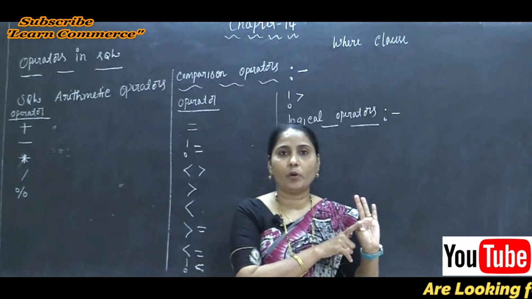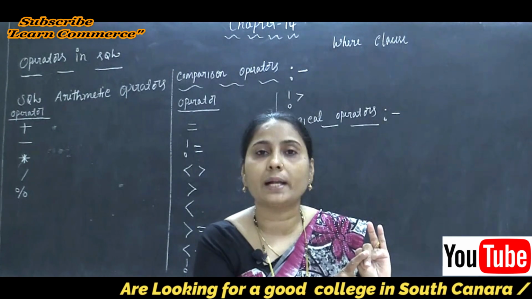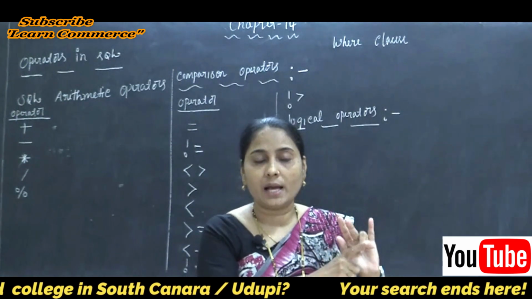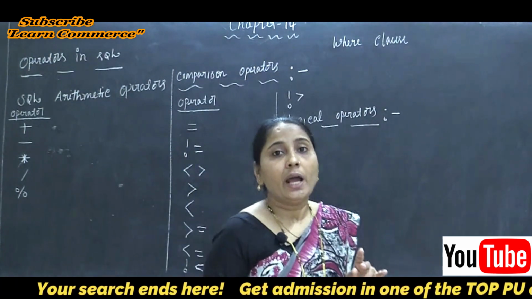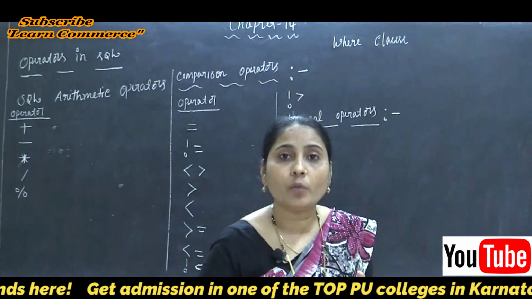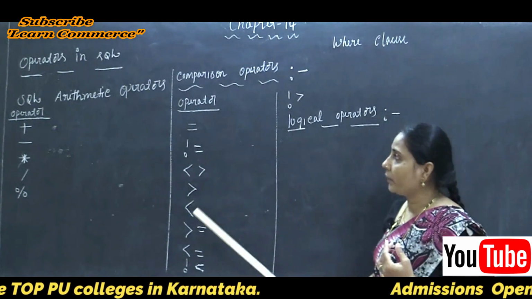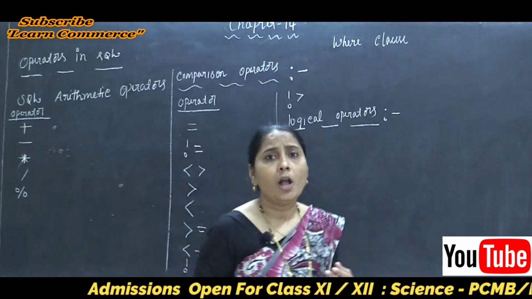The second is the logical operator. The third one is the comparison, which is also called the relational operator. And the last is the operator used to negate the condition. Now we are going to learn all those operators one by one. The first operator I am going to select is the SQL arithmetic operators.